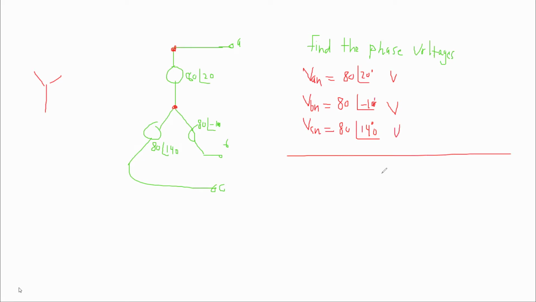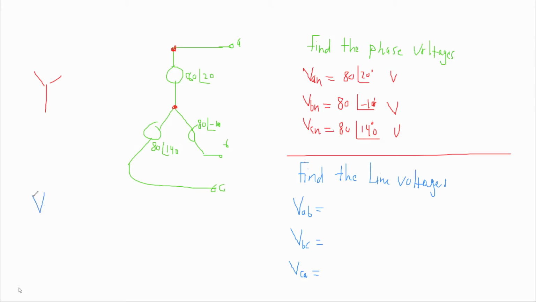Now, if someone says find the line voltages, you're going to say, okay, those are between lines. So line A to line B, line B to line C, and line C to A. So how do we do it?